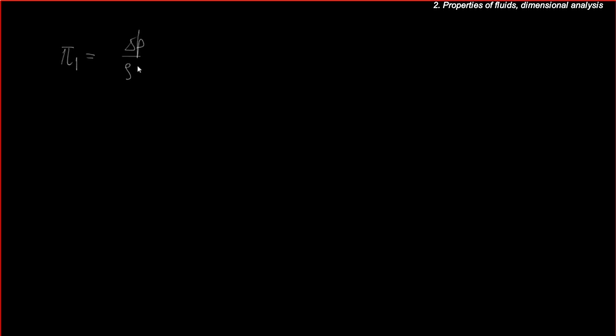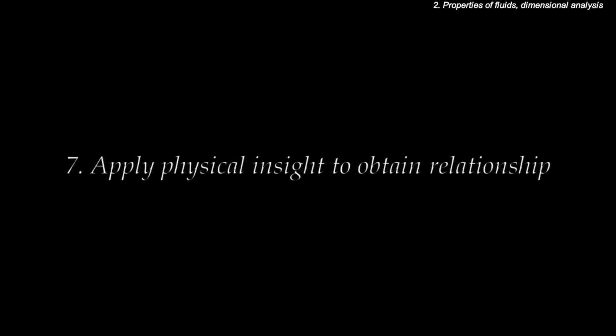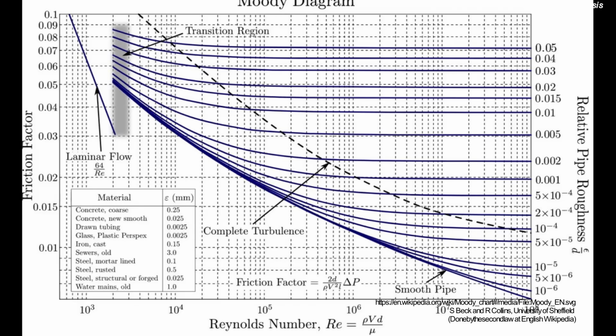We obtain a equal to minus 1, c equal to minus 1, and b equal to minus 3 by solving the system of linear equations formed from setting each exponent of m, l, and t to be 0, because by construction, again I am repeating, pi 4 has to be dimensionless. Therefore, the fourth pi term will be equal to mu upon u d rho, which an observant user will recognize as the inverse of Reynolds number.